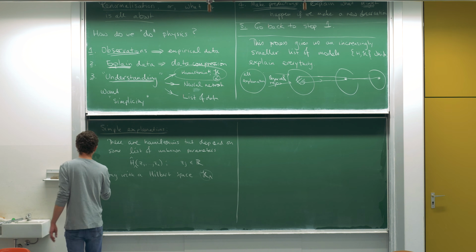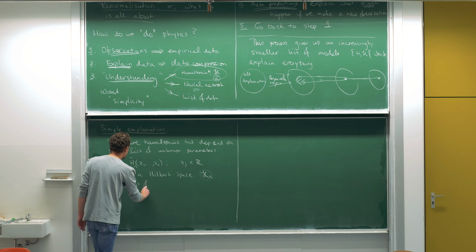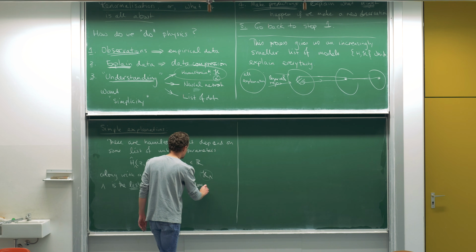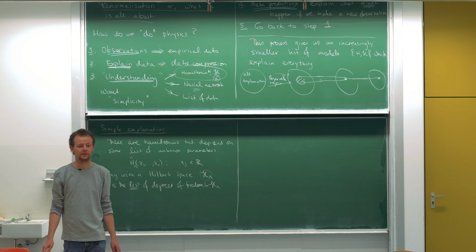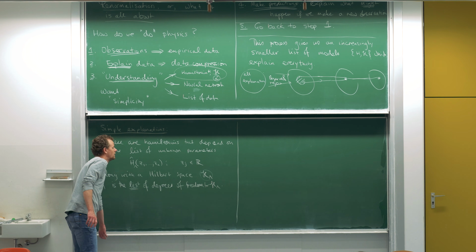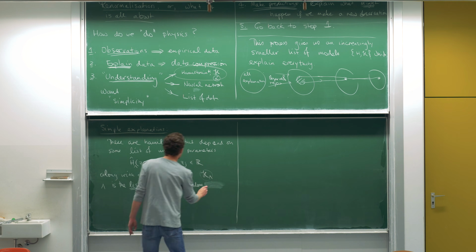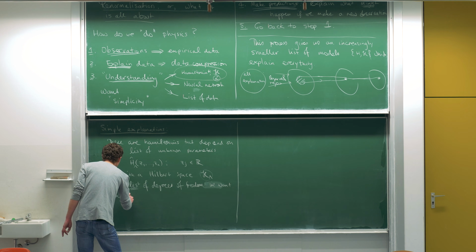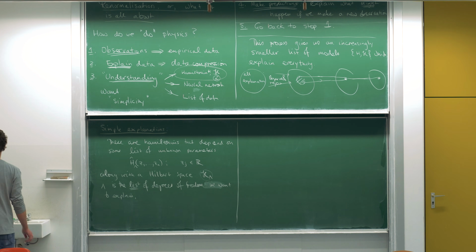And so lambda here, what is lambda? Lambda is just the list of the degrees of freedom that our explanation pertains to. Lambda is a list.